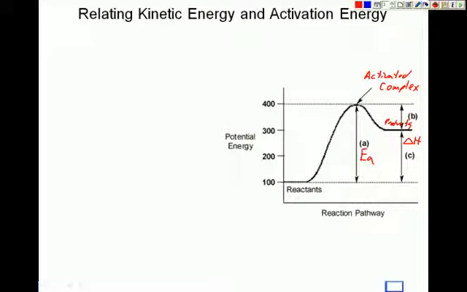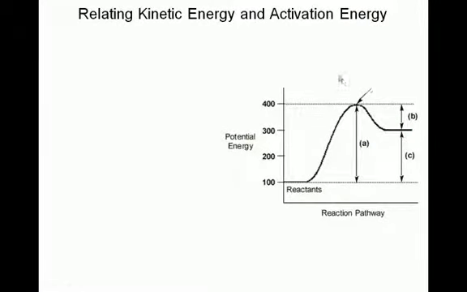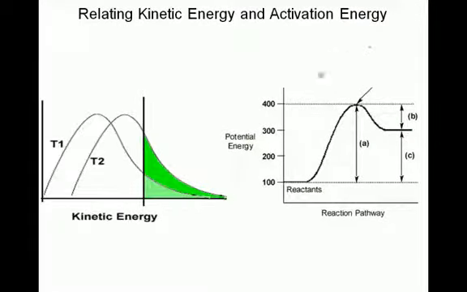Now, how does this relate to kinetic energy? Let's take a quick look. Here's our kinetic energy distribution graph. If we remember, an increase in temperature, at T2 right here, means we have more molecules that have enough energy to react. Now, how does this green area relate to our activation energy?